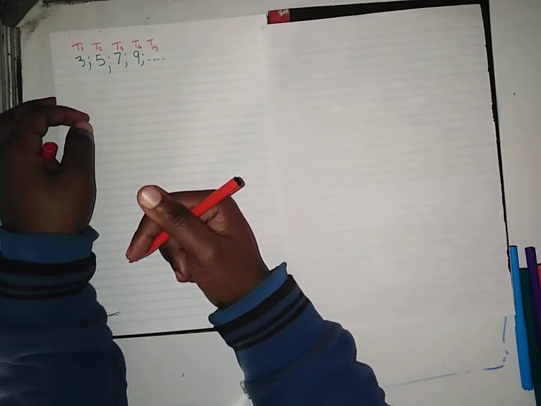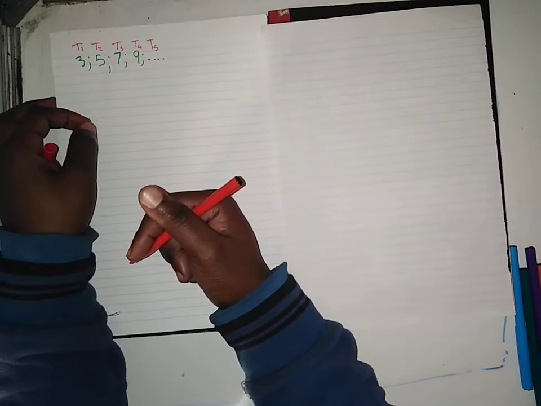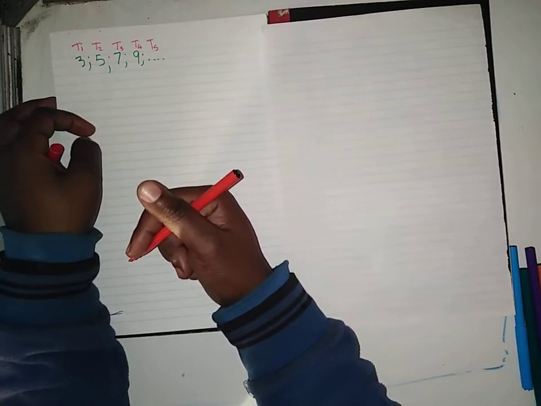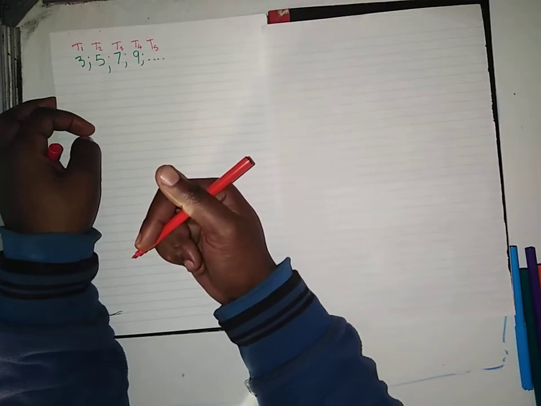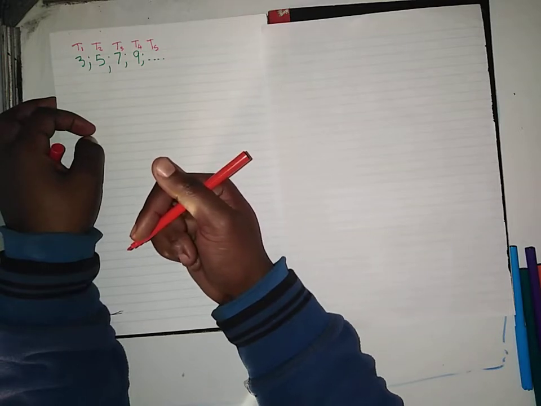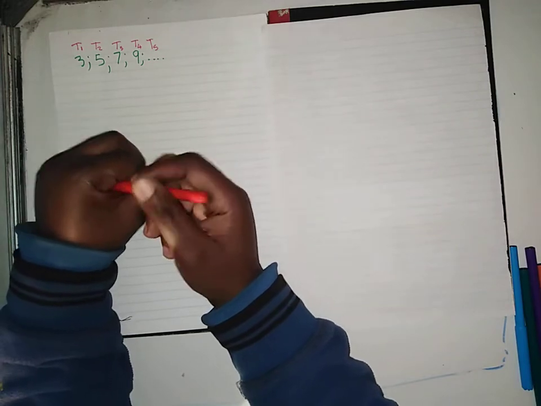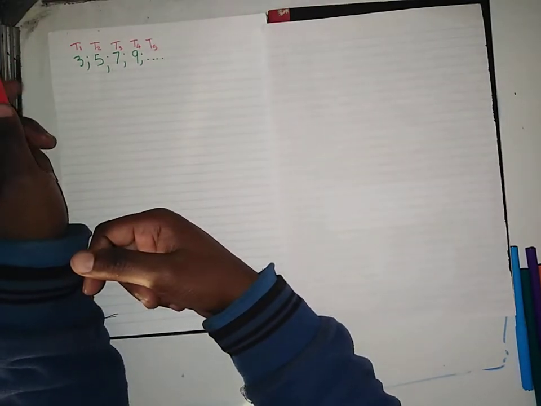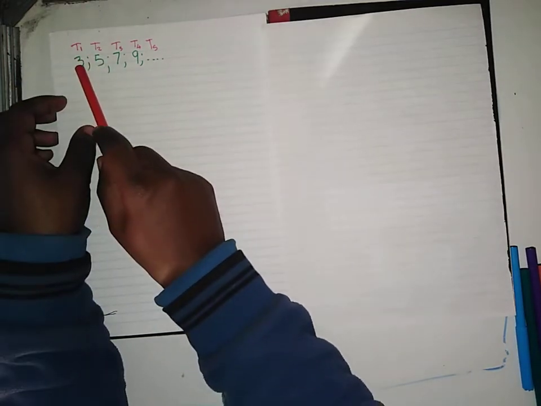Now, you've got a list of numbers. They are following a certain pattern. The question is, what is that pattern? How do we find that pattern? We look at the first two numbers.